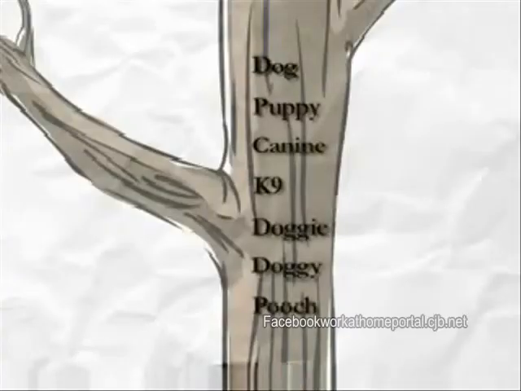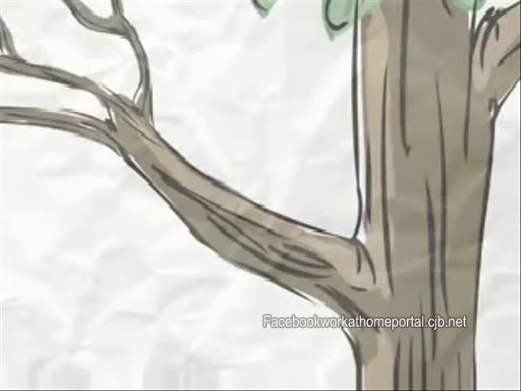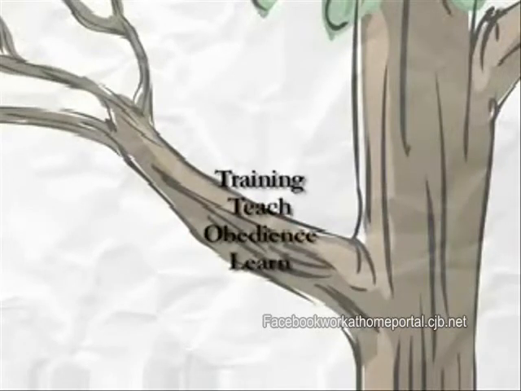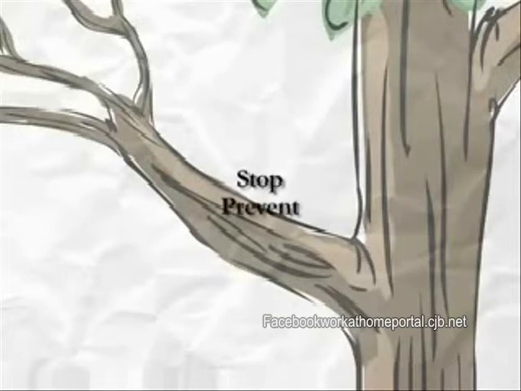For my interest word, I'll use dog, puppy, canine, and doggy. For my action words, I'll use synonyms for training. Things like teach, commands, obedience, learn, and school. I'll use different forms of those words like training, untrained, trainer, and trains. I'll use words with the same intent like stop dog or prevent dog.